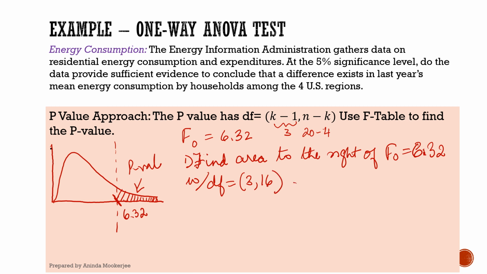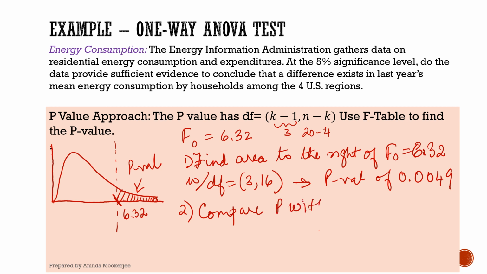When you run that, if you're using the table it'll be an estimated value, but if you're using a calculator or statistical tool, then it'll be an exact value, and that comes out to a p-value of 0.0049.